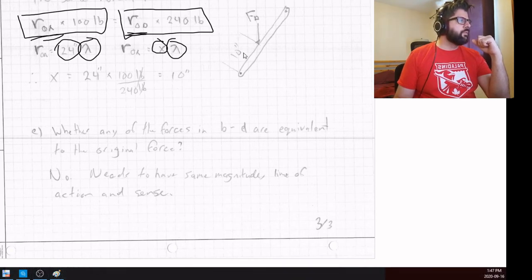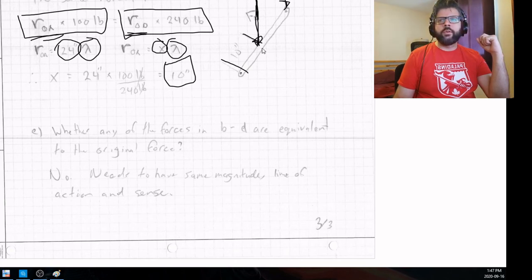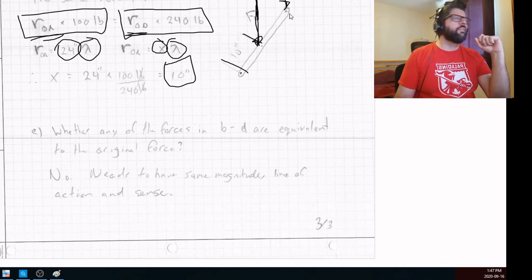We can just solve for where this point is along here by taking our 24 inches and multiplying it by the original force divided by the larger force that would need to be applied. So those ratios stay the same. So in order to end up with a 240-pound vertical force causing the same moment, we need a 10-inch span here between the origin and the point of application. And again, that's just measured along the length of the lever.